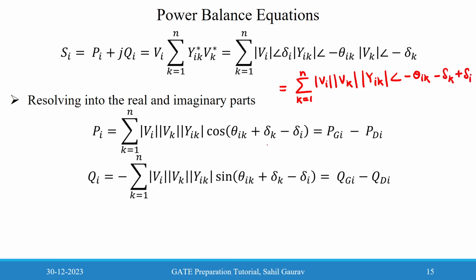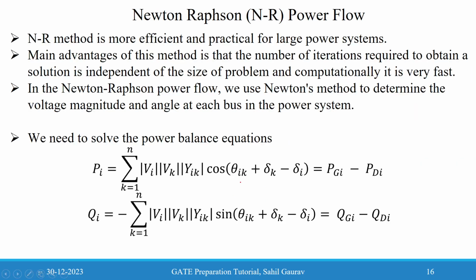Here we have taken the negative because we know that cos of minus phi is equal to cos phi, so we can take this one also. And for Qi, we have to take the sine term, but sine of minus phi is minus sine phi, so this negative sign comes out of the sine term. Okay, all right. So this is the power balance equation we have seen in the previous slide.